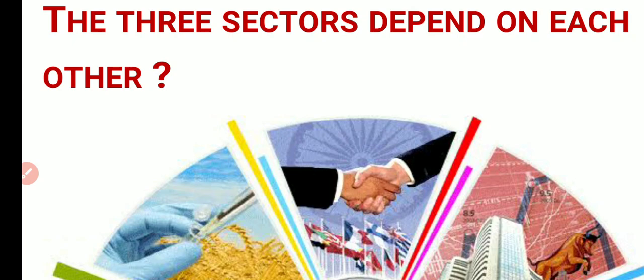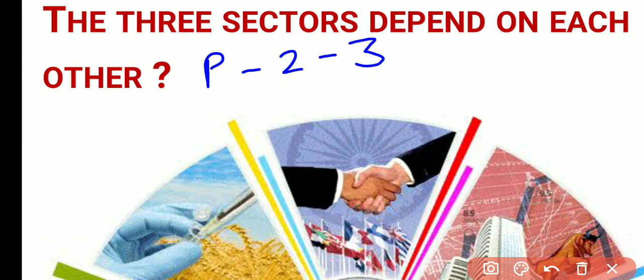As you know, in the primary sector, we produce anything by taking the help of natural resources. It means the primary sector depends on natural resources to produce anything. And it depends on the secondary sector as well as on the tertiary sector. How?